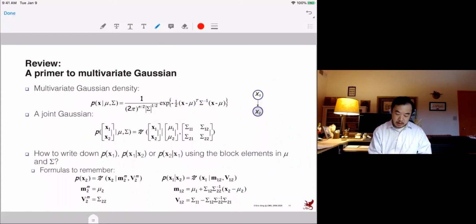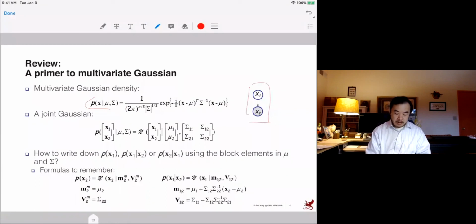Okay. So starting from X, which is a standard Gaussian in this case, I'm talking about the standard manipulation as a primer to multivariate Gaussian. Then there is a sequence of ways to manipulate a joint Gaussian distribution that contains both X and Y. In this case, I just want to make the notation a little more uniform, X1 and X2.